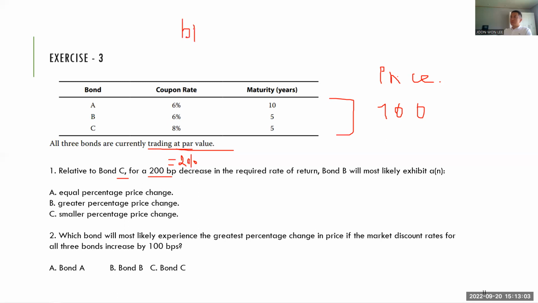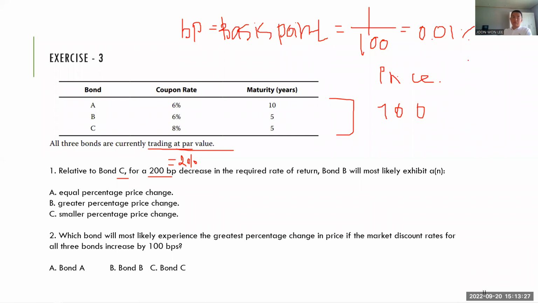Usually in the bond market, you use basis points.